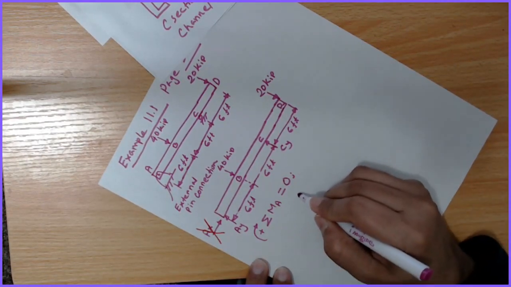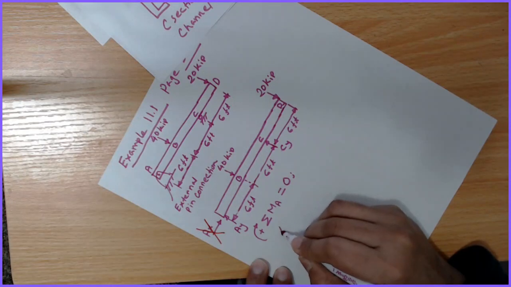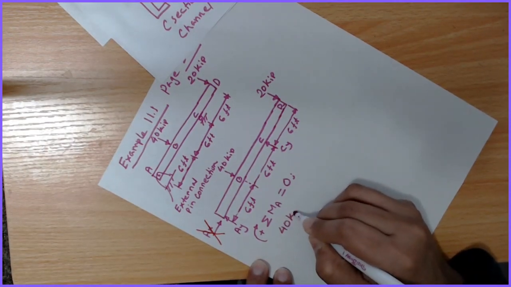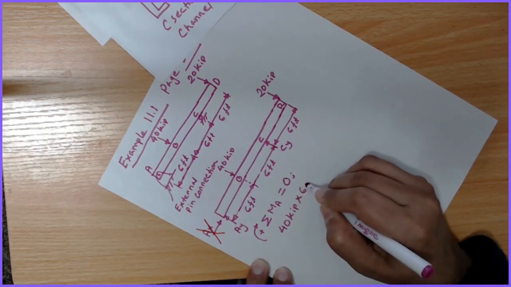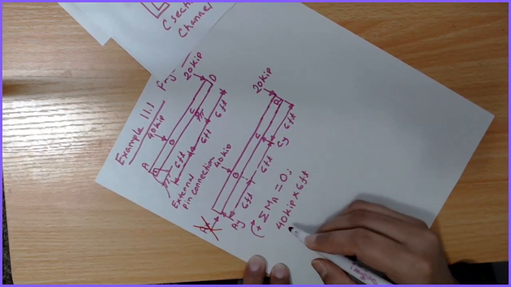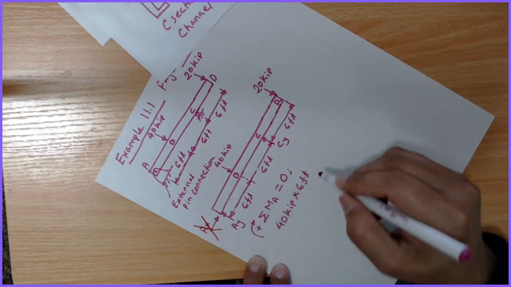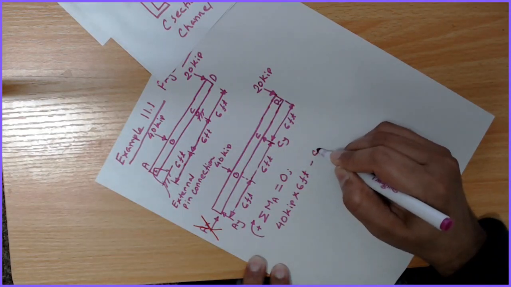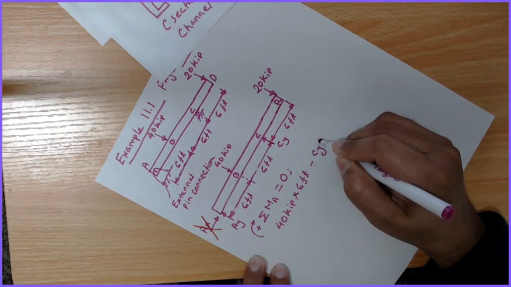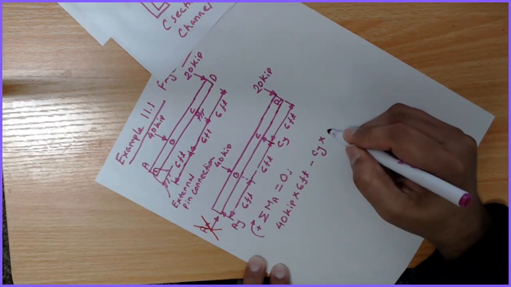So if I write this equation, this is 40 kips multiplied by 6 feet, and this is positive because it is clockwise. Then CY multiplied by 12 feet.